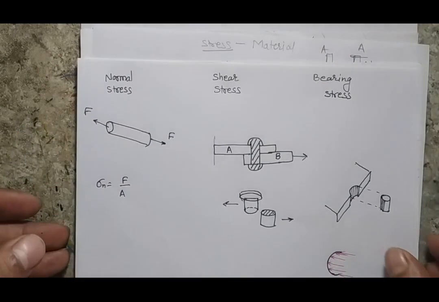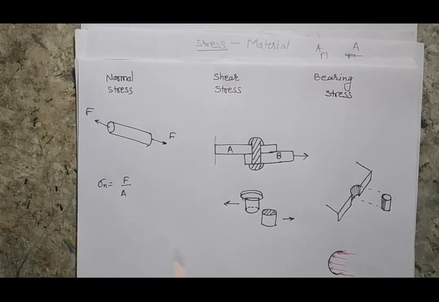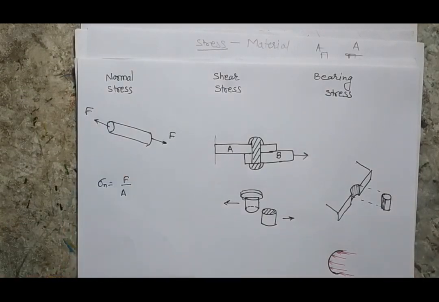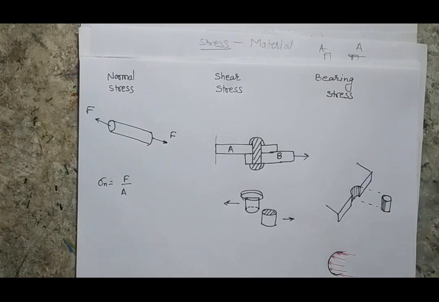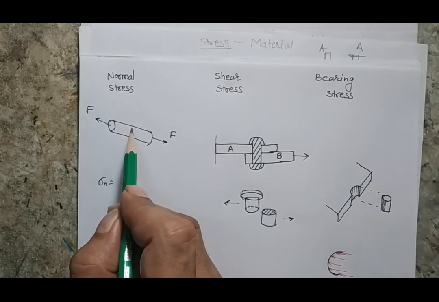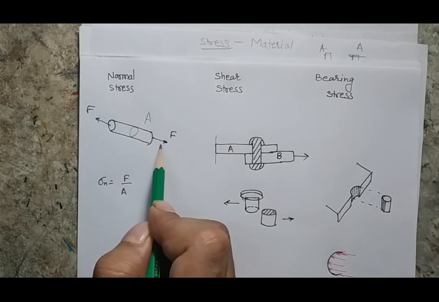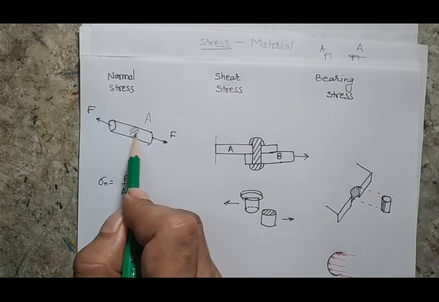Now we have to sequentially understand these three stresses. The three stresses can be understood with the concept of forces acting on a bar or on a plate. So here I am explaining the three stresses parallelly. First we see the normal stress, which is a very simple stress. We have a body of certain cross section A, and we apply a force acting normal to the cross section of the body.